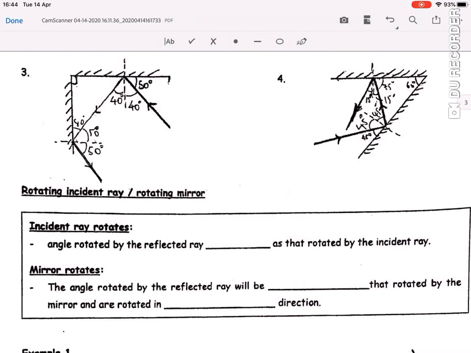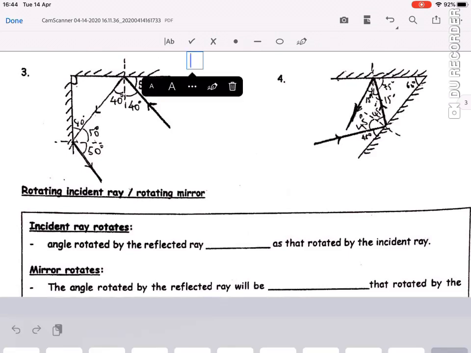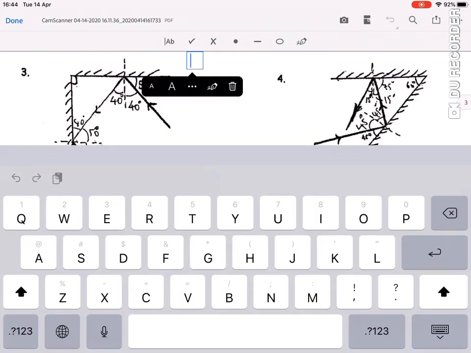In number 3, we only know that the light goes in from your right hand side to the first mirror on top at 50 degrees. If you know that the top part is 50, please draw in the normal now with the dotted line, and I will show you the really simple calculation.